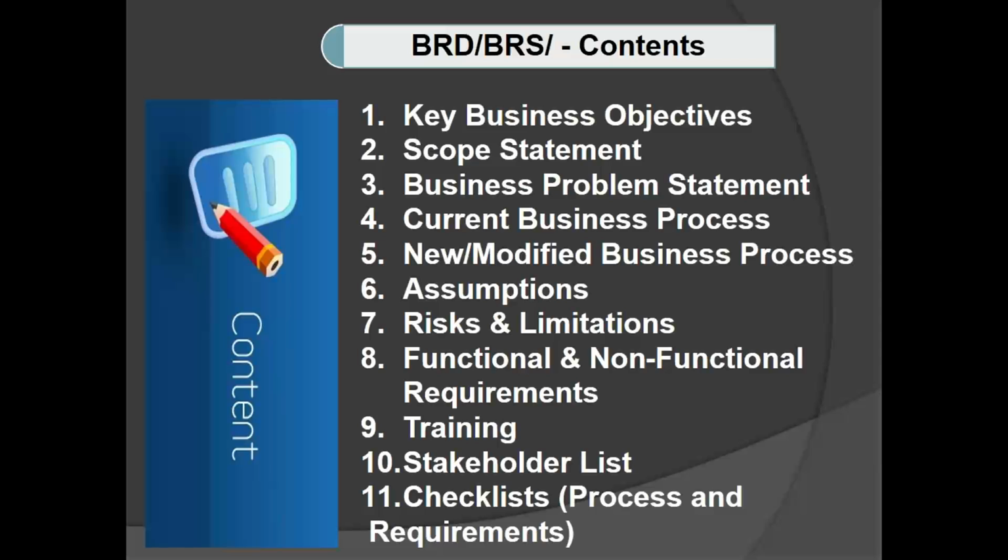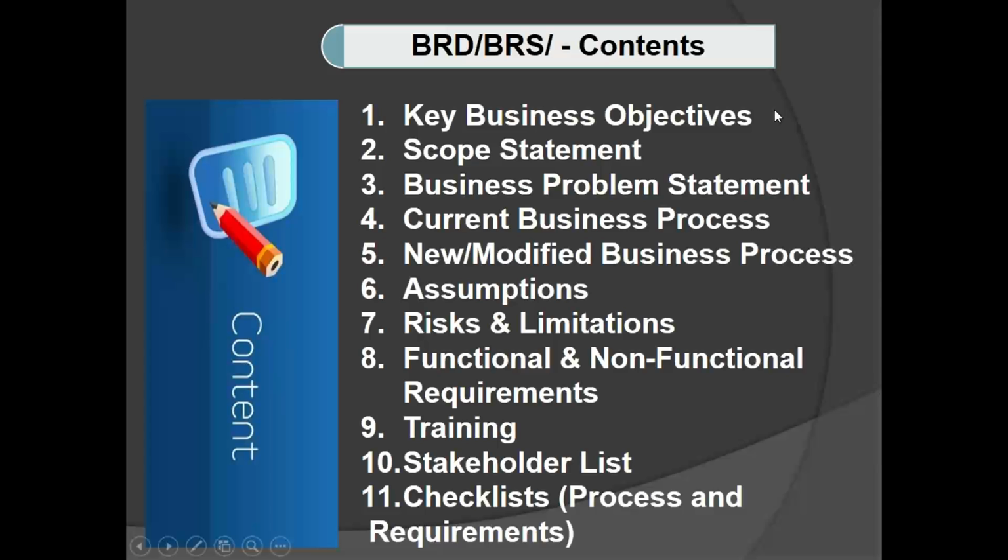Okay. Then 11th one is checklist. So under this, we are going to specify, for example, for each and every document, we are going to have table of contents. So we are going to put all these things in a table of contents, and beside this, we are going to put a checklist.